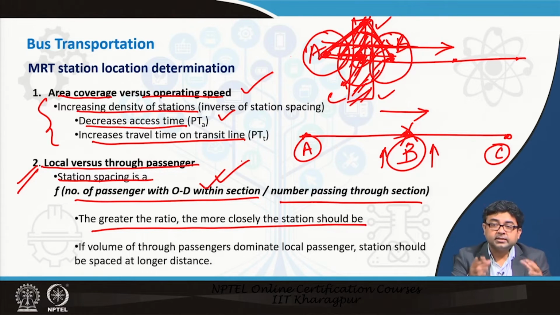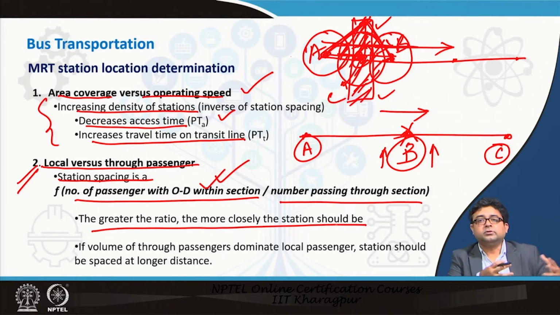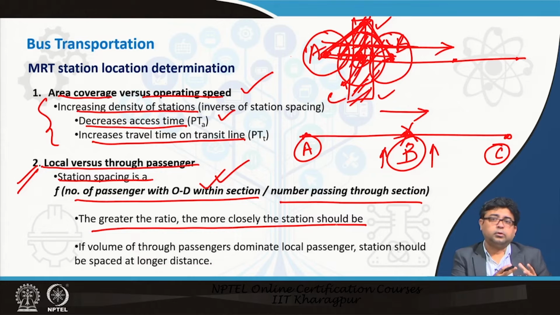So, in a CBD you will see the station spacing very close to each other, whereas if the ratio is the opposite, then you will have spacings which are far away from each other, which happens at a suburban location, for example. In suburban locations the density is low, and people usually do not want to board and alight at too many locations.